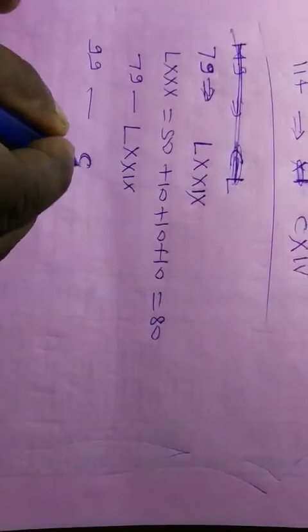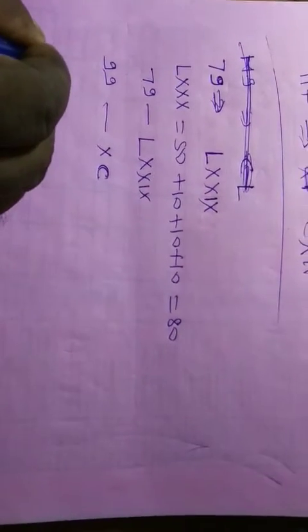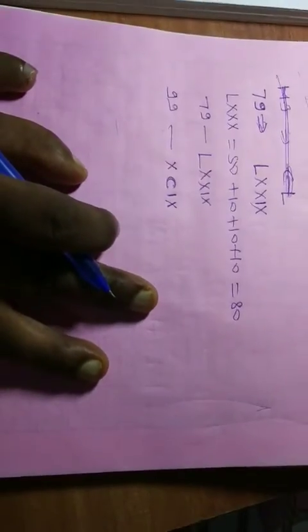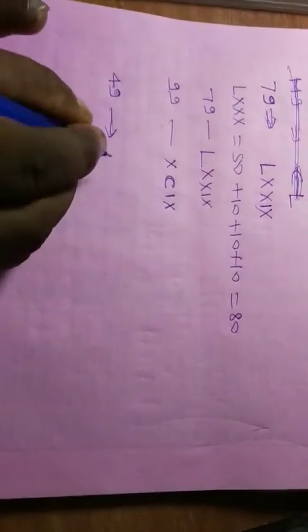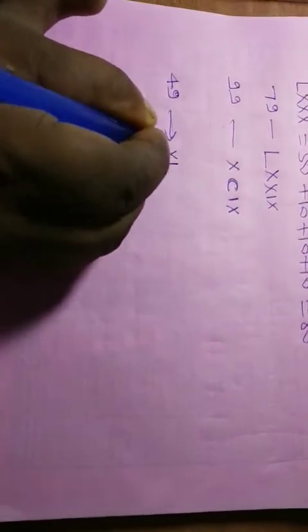If you want to write, student, 99. C is for 100, X is for 90, and this is 99. If you want to write 49, student, L stands for 50 and X is subtracted, this is 40.